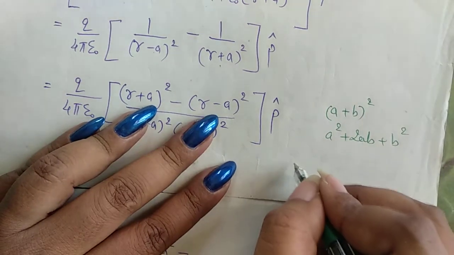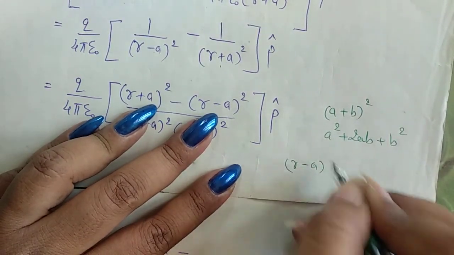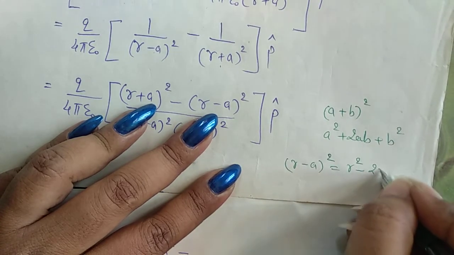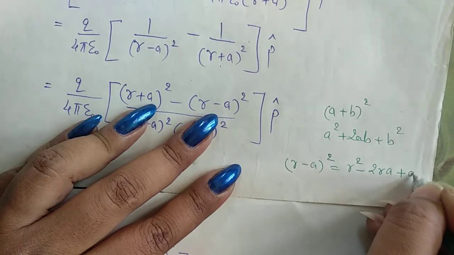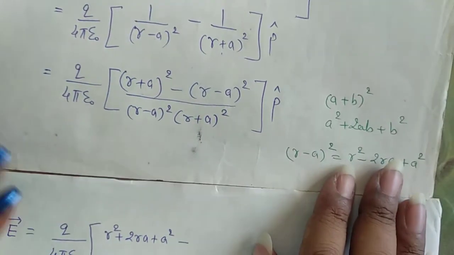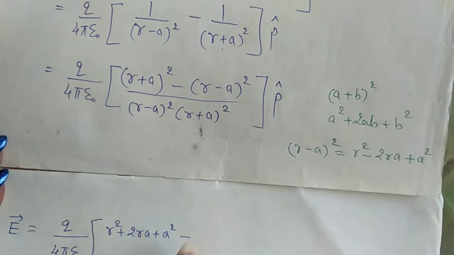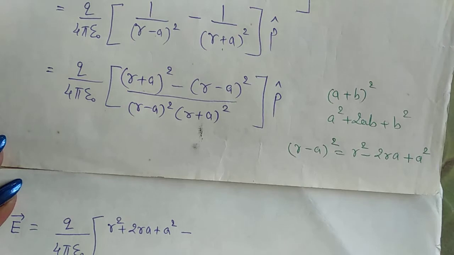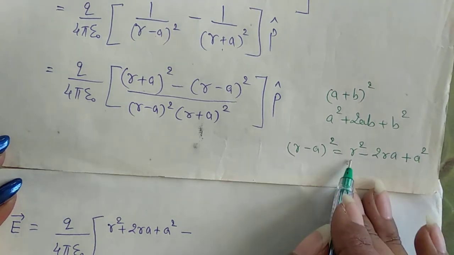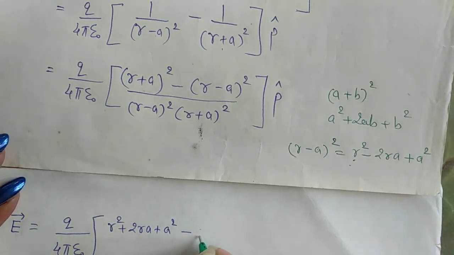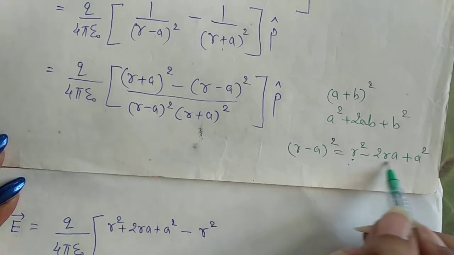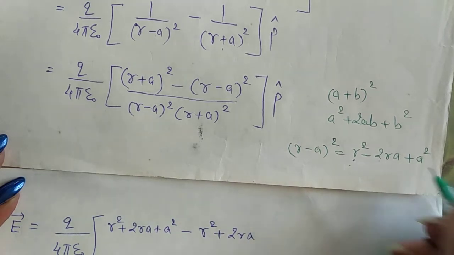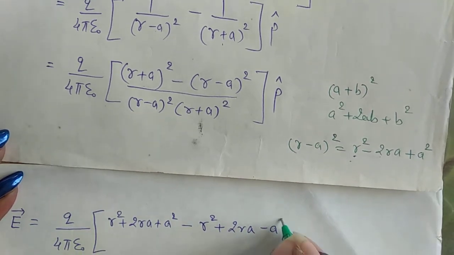Just see here, (r minus a) whole square will give me r square minus 2ra plus a square. Now I'll substitute this value over here, but I have a negative sign, and I'll open up this bracket. So if I open up, the signs will change. So instead of plus r square, I'll write minus r square. Instead of minus 2ra, I'll write plus 2ra, and instead of plus a square, I'll write minus a square.